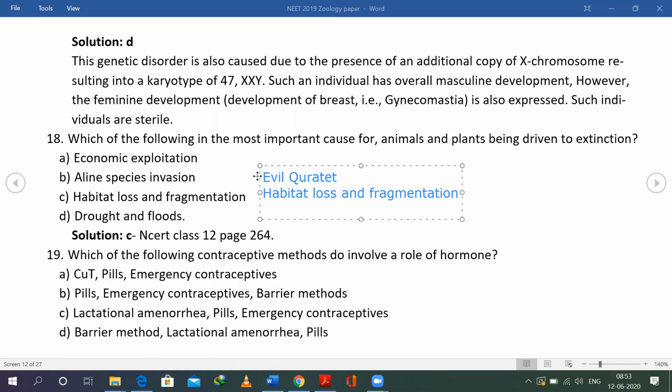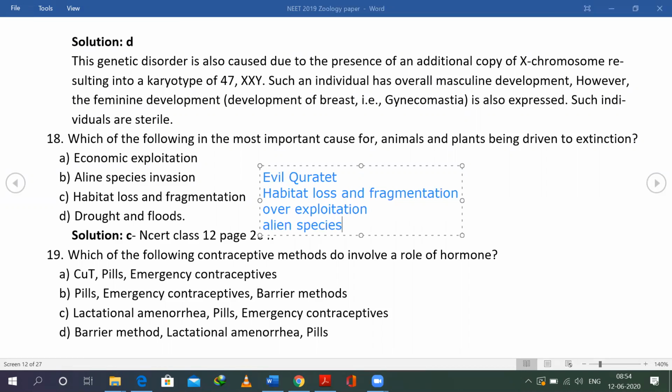The next one that we have is over exploitation. In over exploitation, we have some beautiful examples which are important for the exam. You need to remember all of them, such as the passenger pigeon, Steller's sea cow, and all of those. Then alien species invasion.